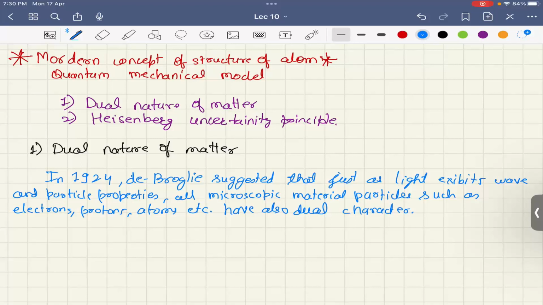They behave as a particle as well as a wave.